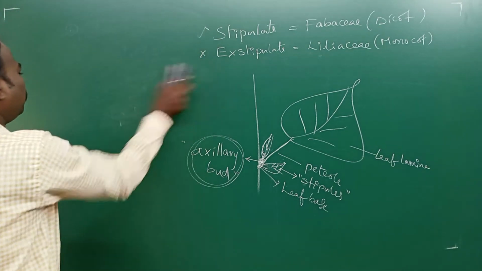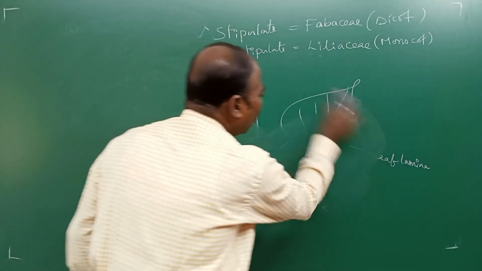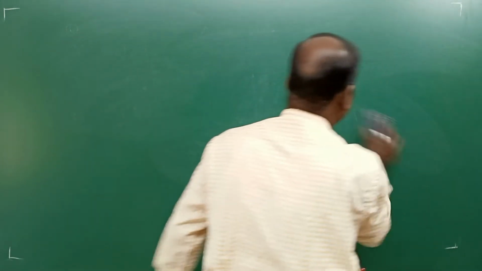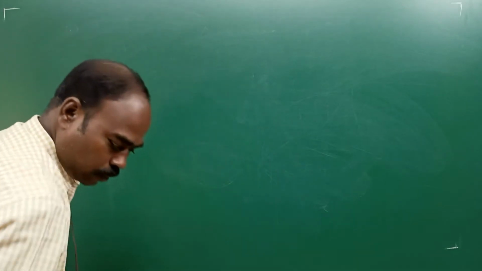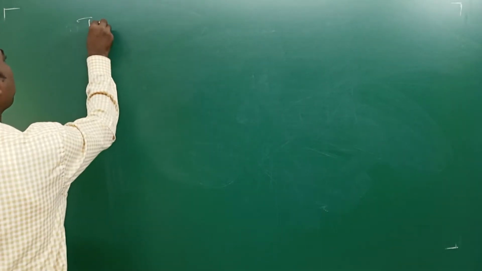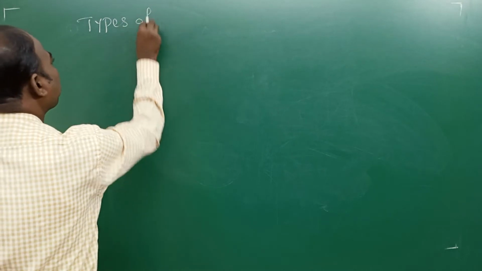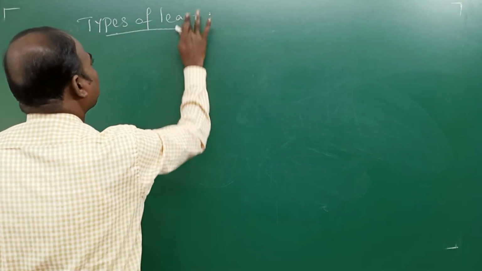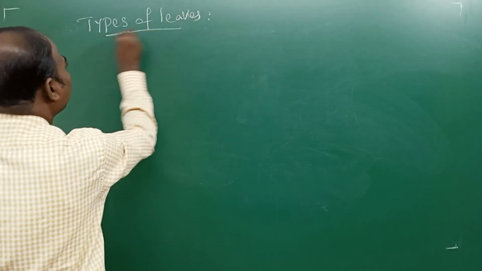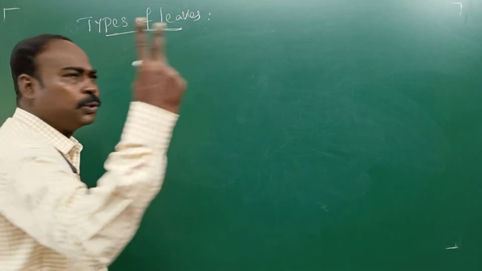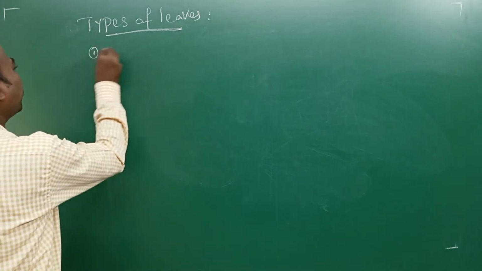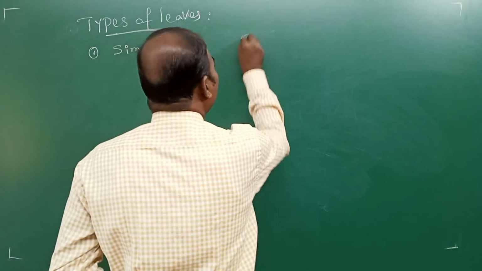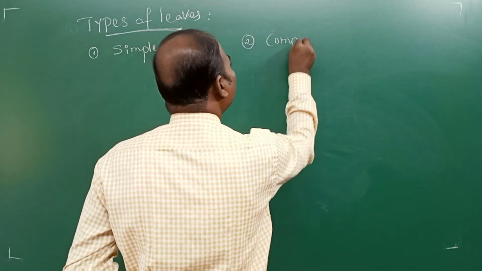Then the types of leaves. Broadly, leaves are categorized into two types: one, a simple leaf, and the next one, a compound leaf.